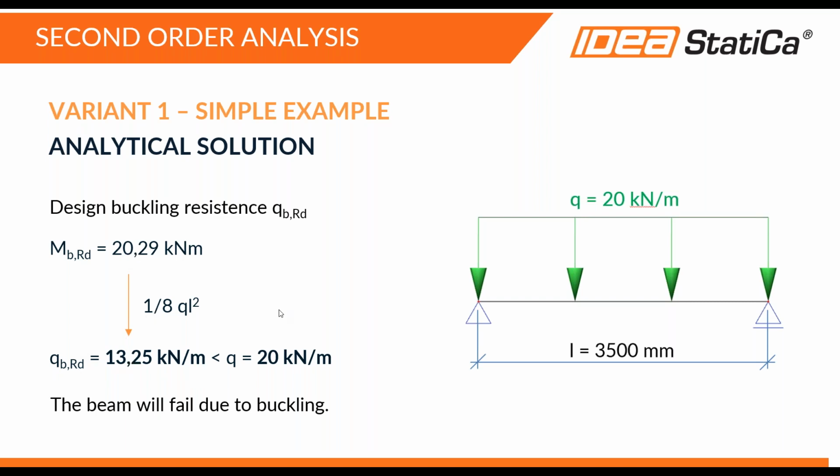I got the value 13.25 kilonewtons per meter. That's the resistance or the capacity of the linear load that the beam can take unless it loses its stability, which is less than the design load of 20 kilonewton per meter. So obviously this beam is going to fail due to lateral buckling, right?